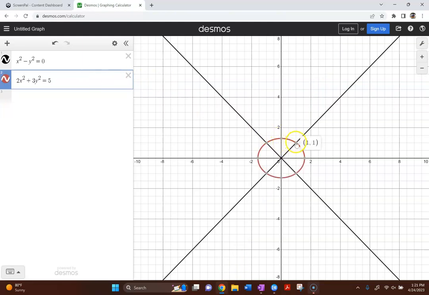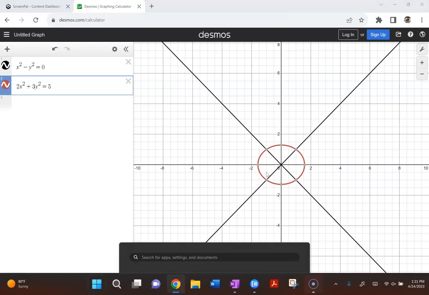And here they are. There's that point 1, 1, 1, -1. Then I have -1, 1, and -1, -1. Right? So that's the 4 spots where the black and the green graphs cross. Okay. We're going to do this next one with elimination as well.